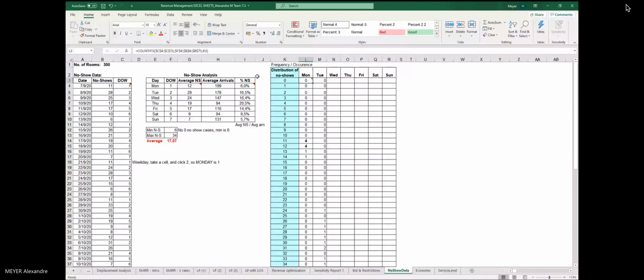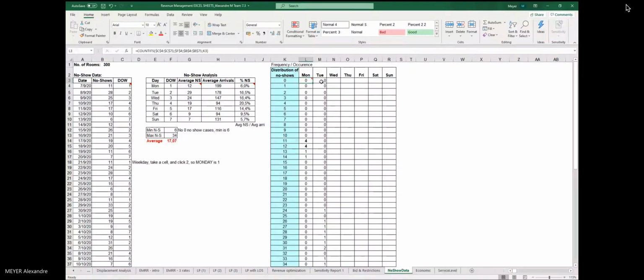On Monday, there is not a single case where there are 0 no-shows, likewise for 1, 2, and 3 no-shows. However, on Monday, there are 4 cases where there are 11 no-shows, 4 cases where there are 12 no-shows, and 1 case each where there are 13 and 14 no-shows.